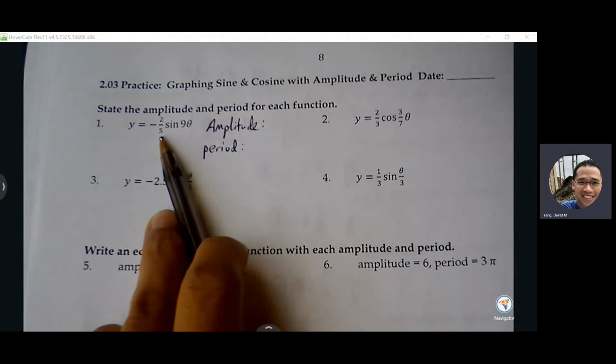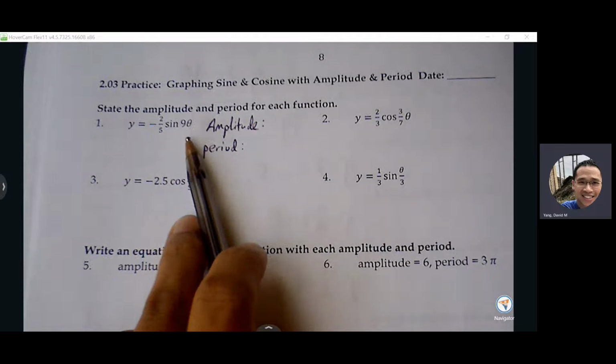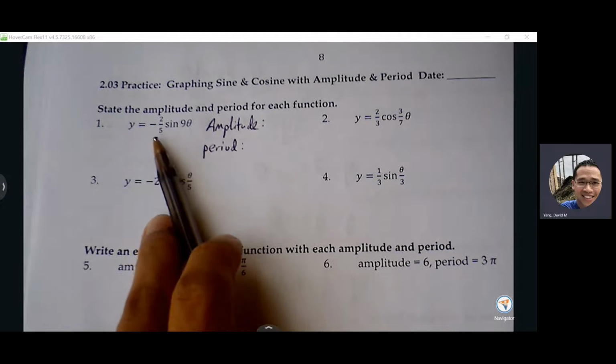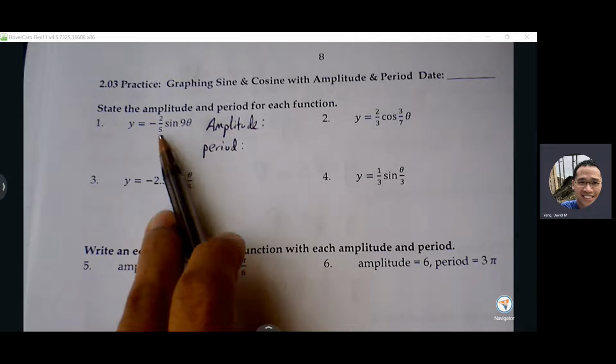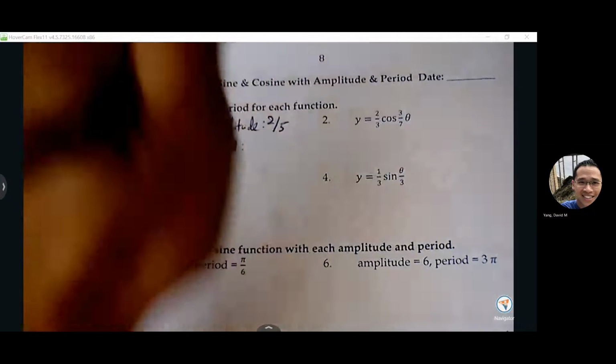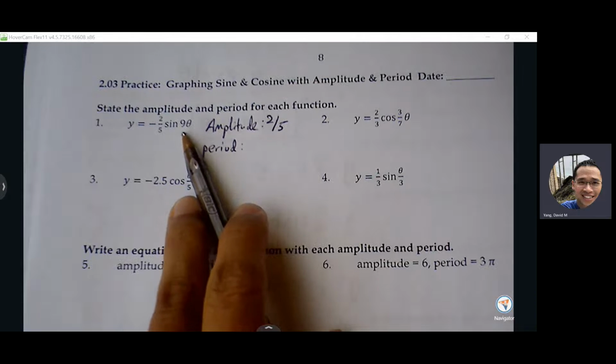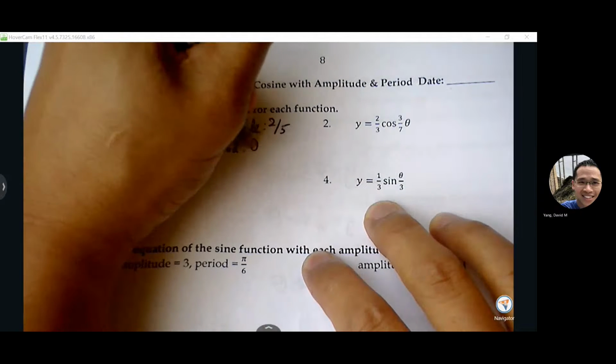Okay, so for number 1, guys. Yes, question? Your a value can be negative, but your amplitude is always positive. Okay, so for number 1 here, what's the amplitude for 2 fifths? Now we see a b value for number 1, so what's our period going to be?